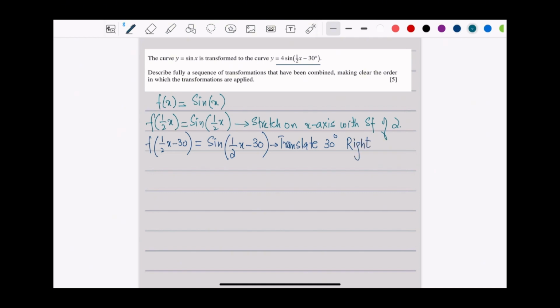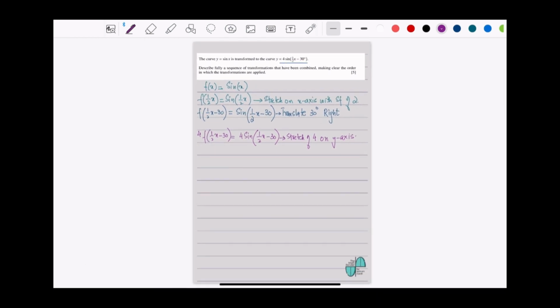Next, we have 4 times f of 1 over 2x minus 30. So 4 times sine 1 over 2x minus 30, which gives you a stretch of 4 on y-axis, vertical stretch.